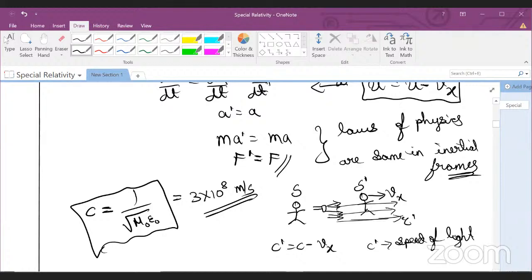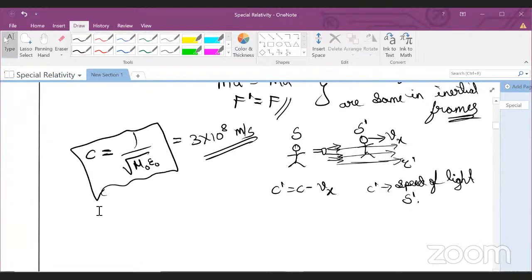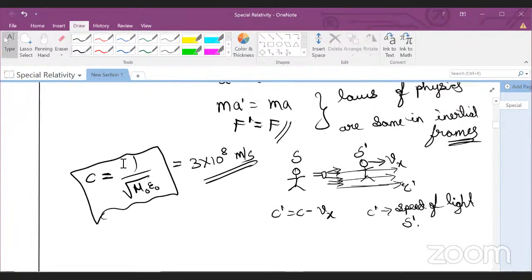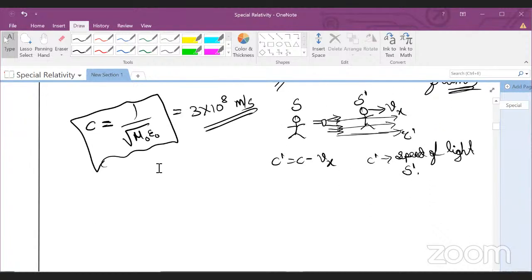So according to the S dash frame, the person who is moving will see the speed of light to be different, according to Galilean relativity or Galilean transformation, we say. But that is not true. Why? Because according to Maxwell's theory, the speed of light is a property of space. It is not dependent on the observer.